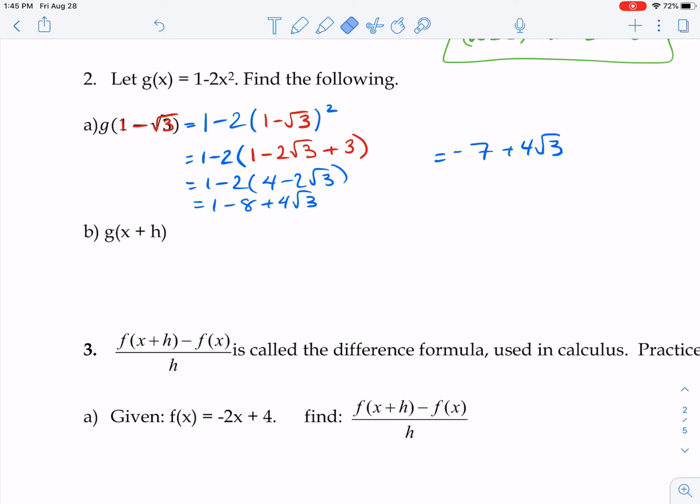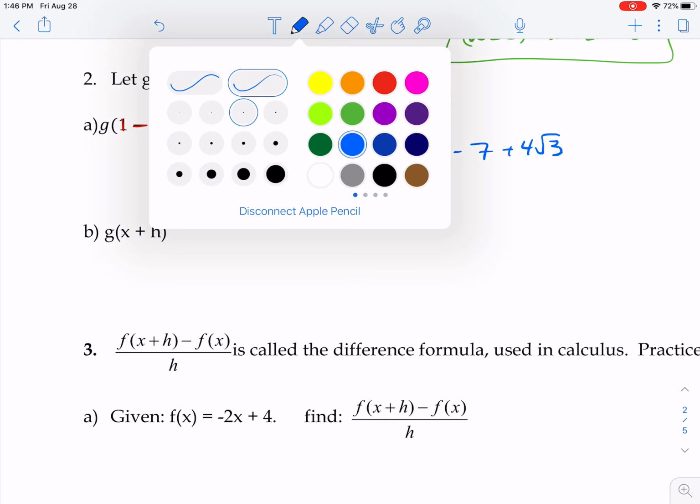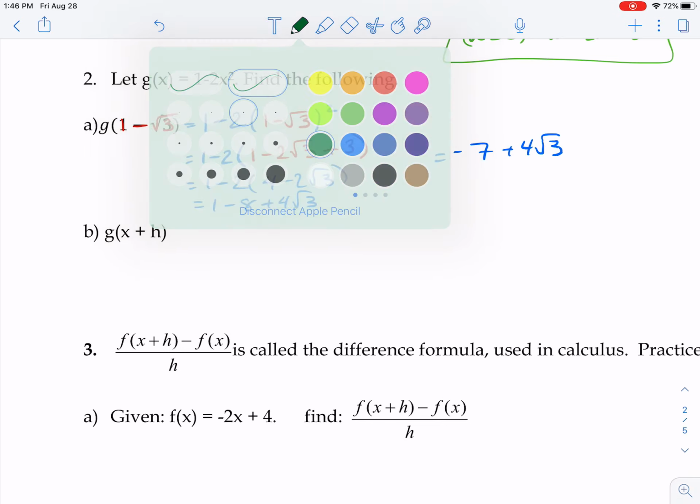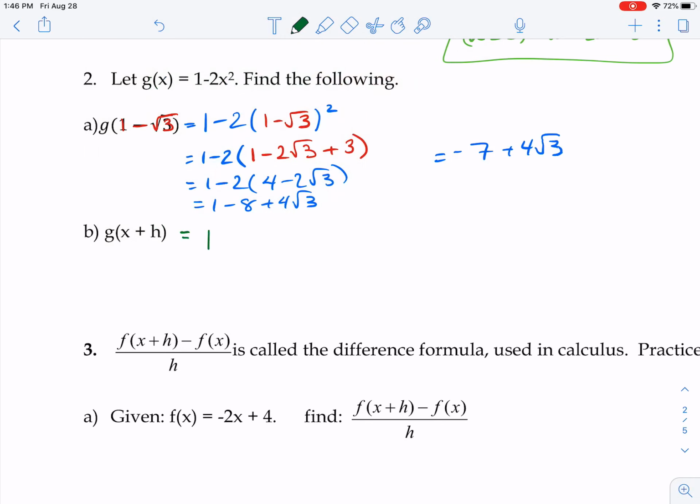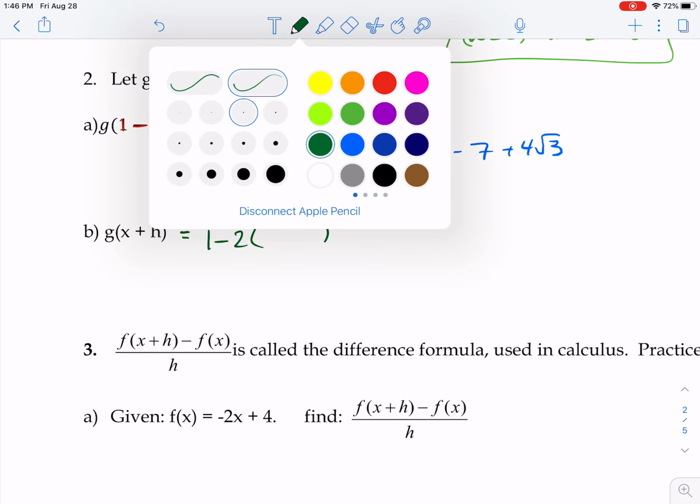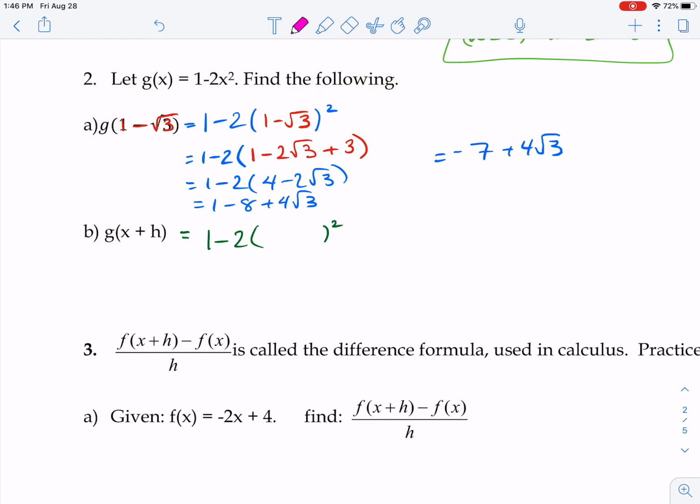Okay, so I'm going to cruise along and say, let's use new colors. Green, and this would be equal to 1 minus 2 times something squared, and our something is now, let's go with pink, x plus h. So what this gives me is 1 minus 2 times x squared plus 2xh plus h squared.